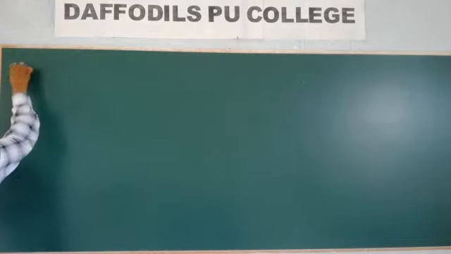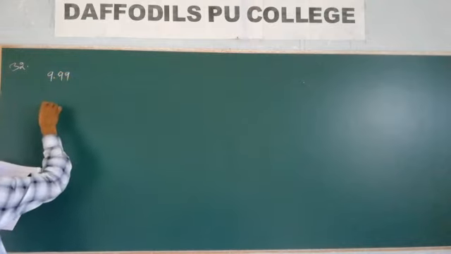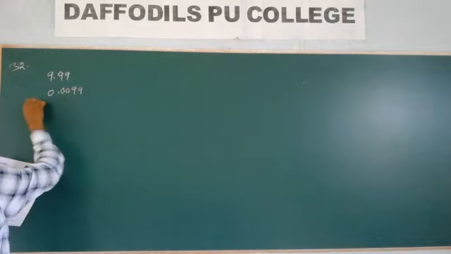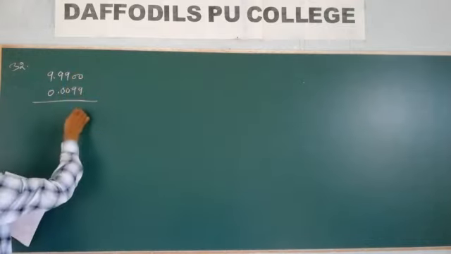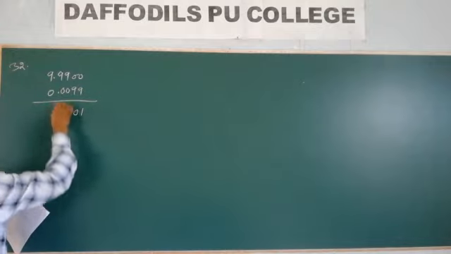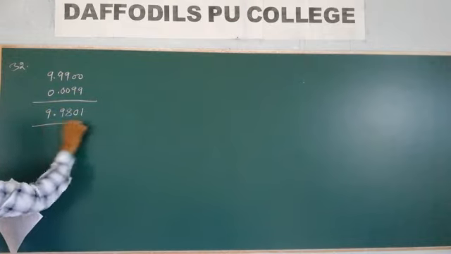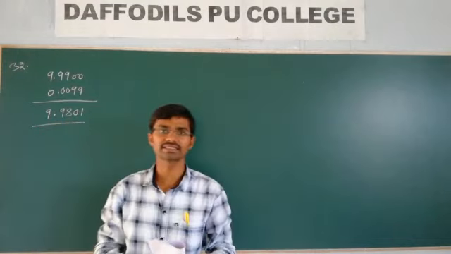Let us go for the 32nd one. Taking into account the significant figures, we need to find the value for this question. What is given? 9.99 meter minus 0.0099. Significant figures are very simple.